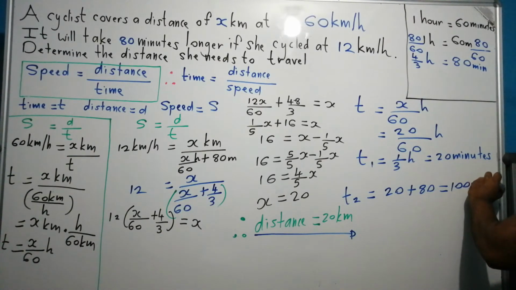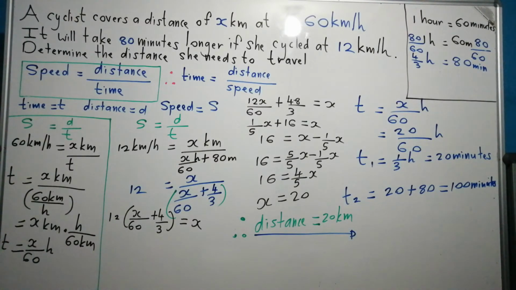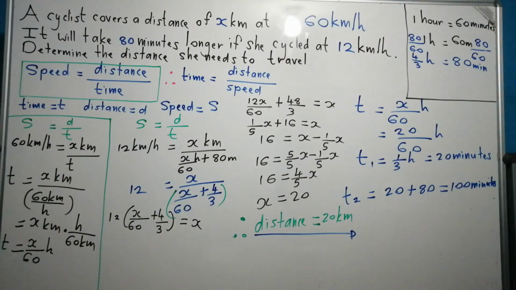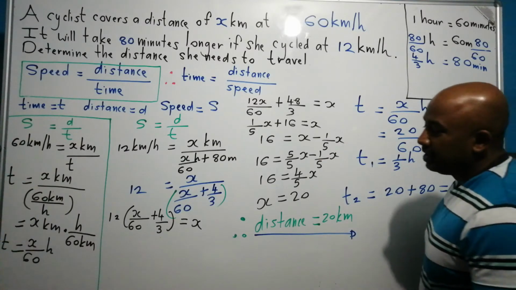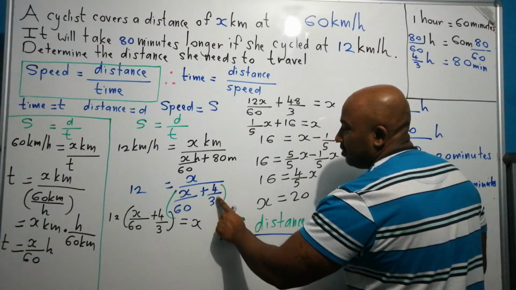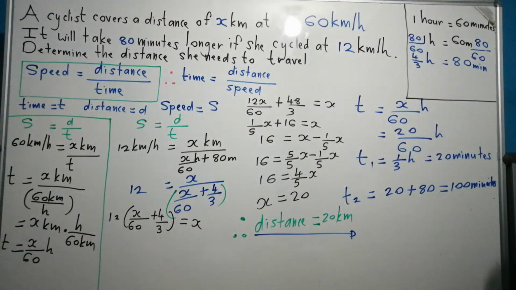So now, how do we know if 100 minutes is correct? What was the time taken in the second situation? It was x over 60 plus 4 over 3.